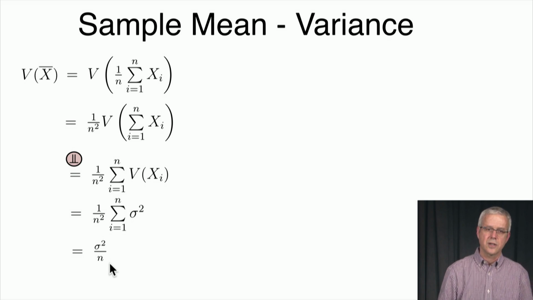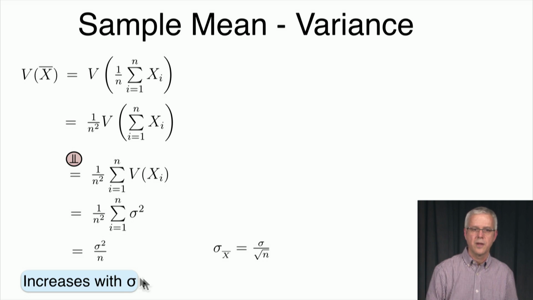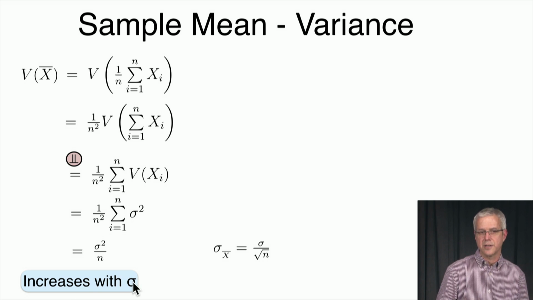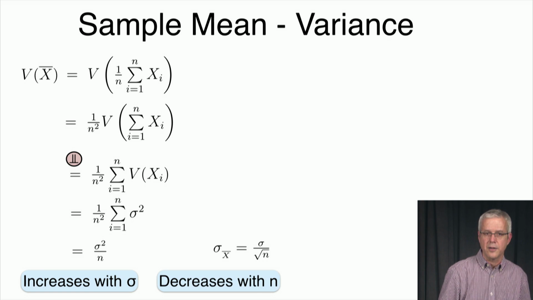Which is kind of nice. It says that once we take the sample mean, the variance of our mean is going to go down with n. And the standard deviation, therefore, is going to be the square root of this, which is sigma divided by the square root of n. So we see that both of them increase with the original standard deviation of the distribution of the population. They increase when sigma increases, but they decrease with n.